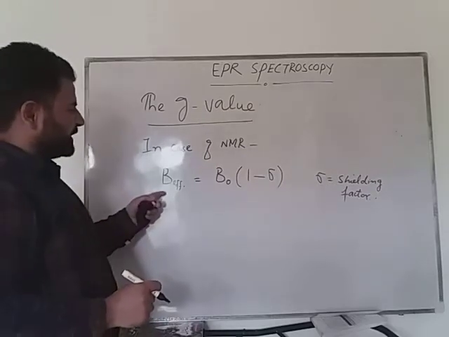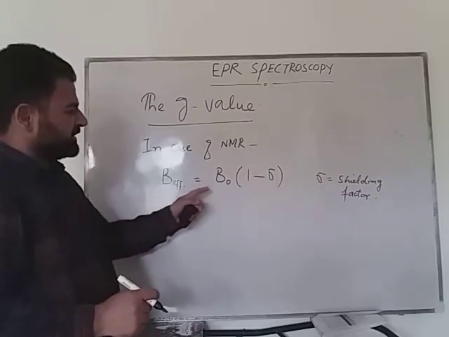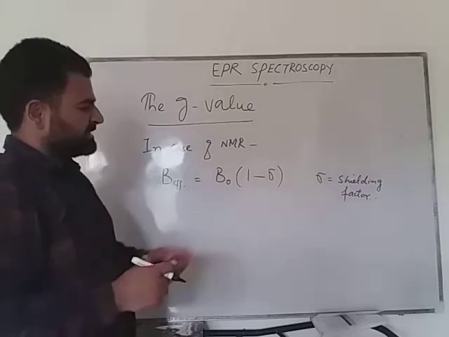So the effective magnetic field which is felt by the nuclear spin is B naught multiplied by 1 minus sigma.